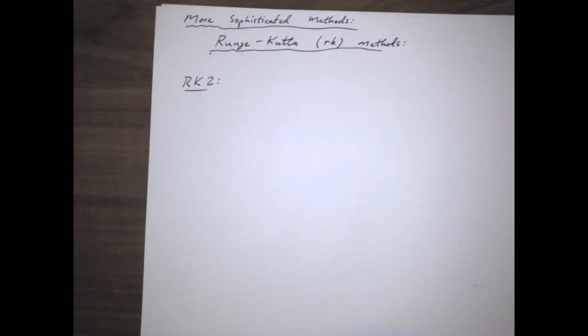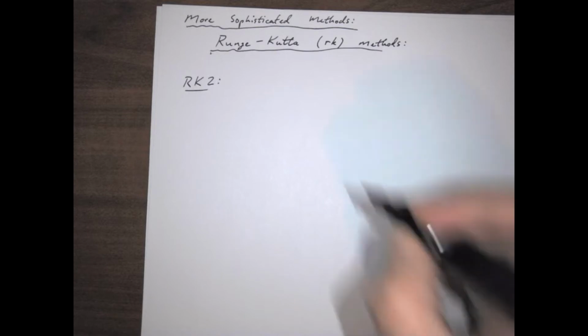So the idea here is instead of just taking the value at the beginning of the interval as your estimate of the slope, take the average of the beginning and the end of the interval.